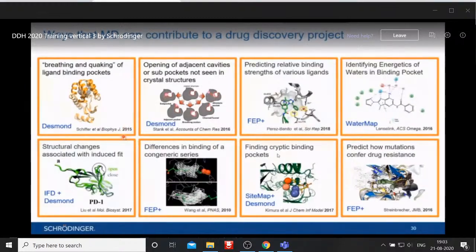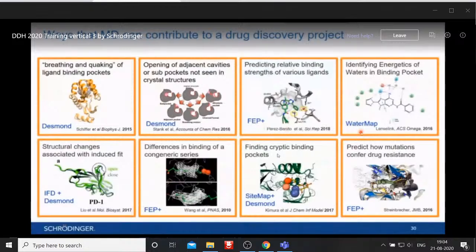Other than that, you can use MD simulation methodology not only to study protein-ligand interaction, but to study various motions of the protein, exploring various pockets or binding pockets, various breathing motions, or various tunnels of the protein. You can also perform free energy perturbation simulations using Desmond MD simulation.